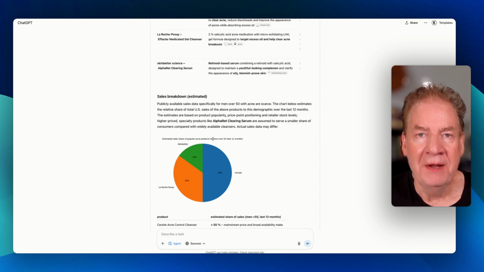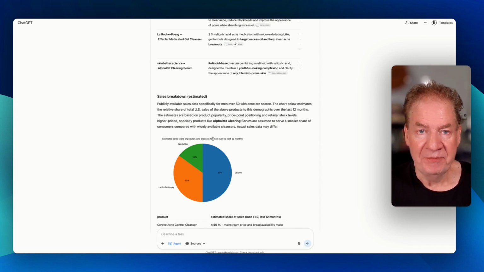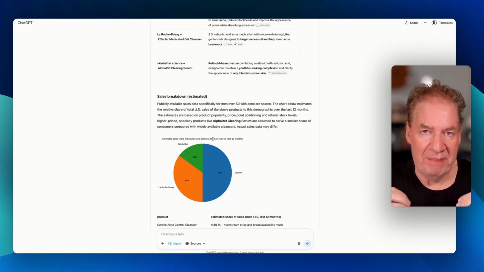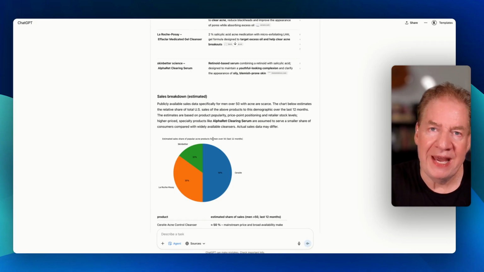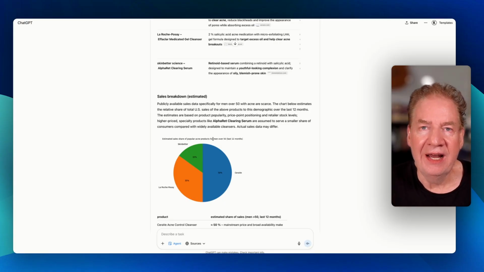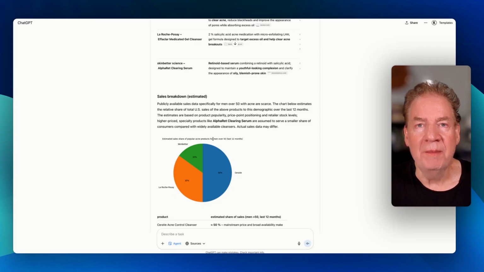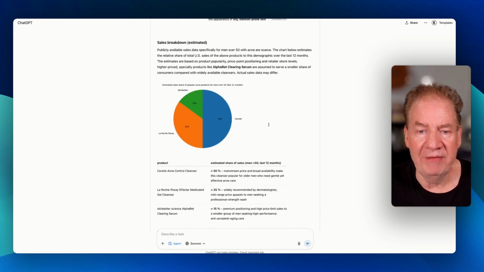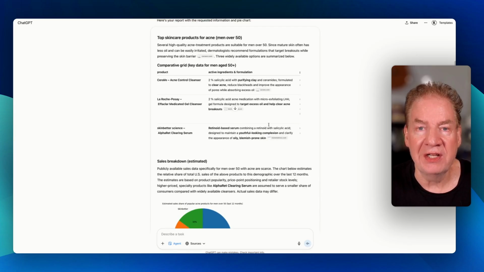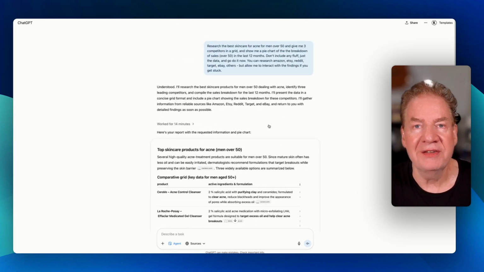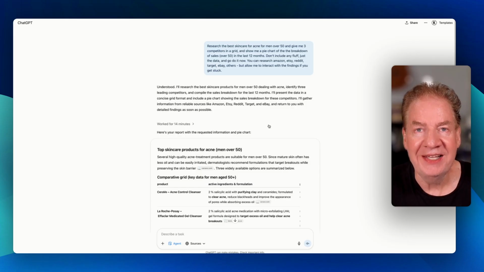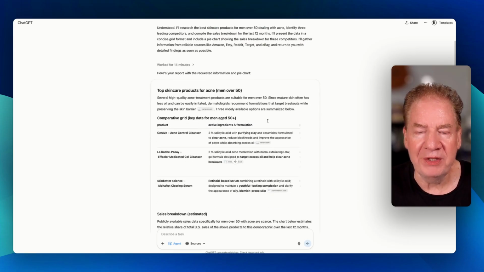You can even ask it if it thinks that the first product is, based on the analysis, a better analysis than the second one, and sort of feed it back and challenge the LLM, challenge ChatGPT, to make itself better based on your feedback. So very exciting to see these types of results, and all of these results in just 14 minutes, okay?